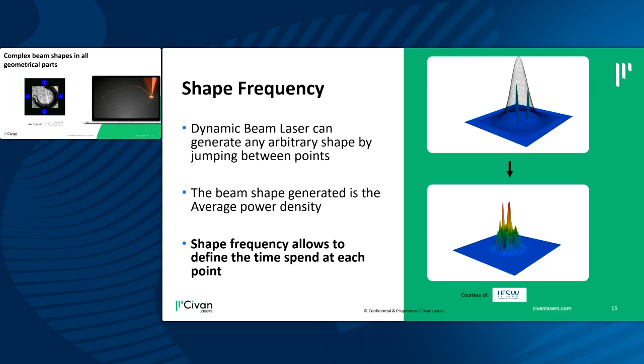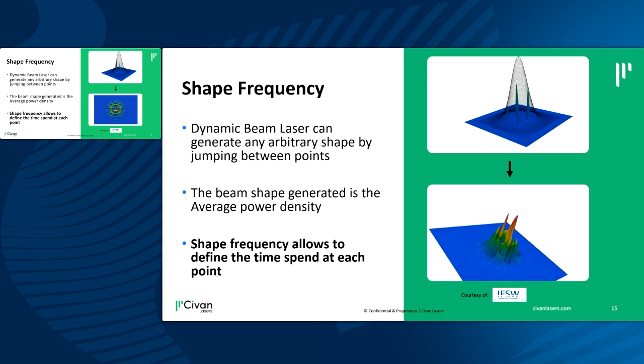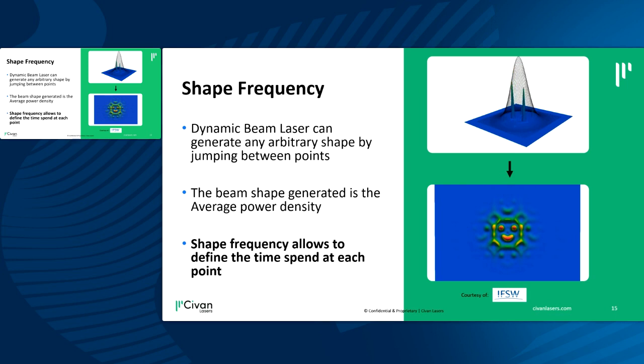Now I'll be talking about the second feature of the laser, which is the shape frequency. Here we are showing how we generate a beam shape by jumping from one point to another. The movie that is playing now is generating a specific beam shape, a smiley beam shape.